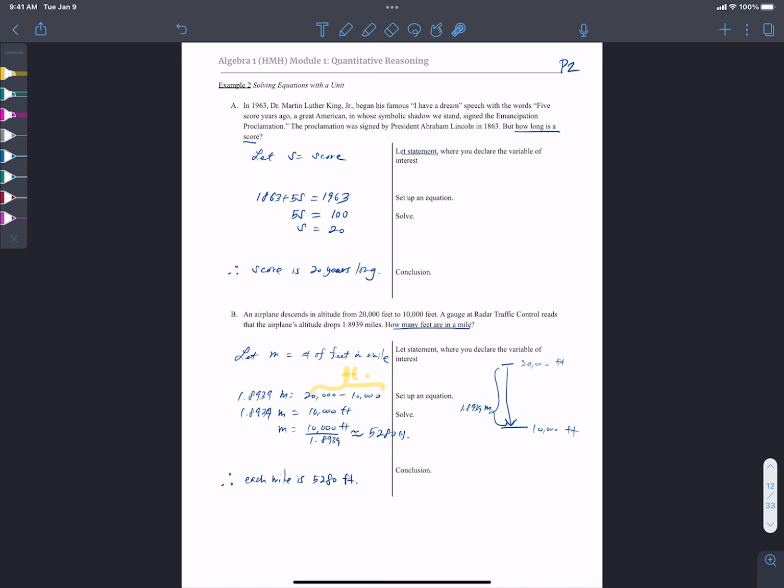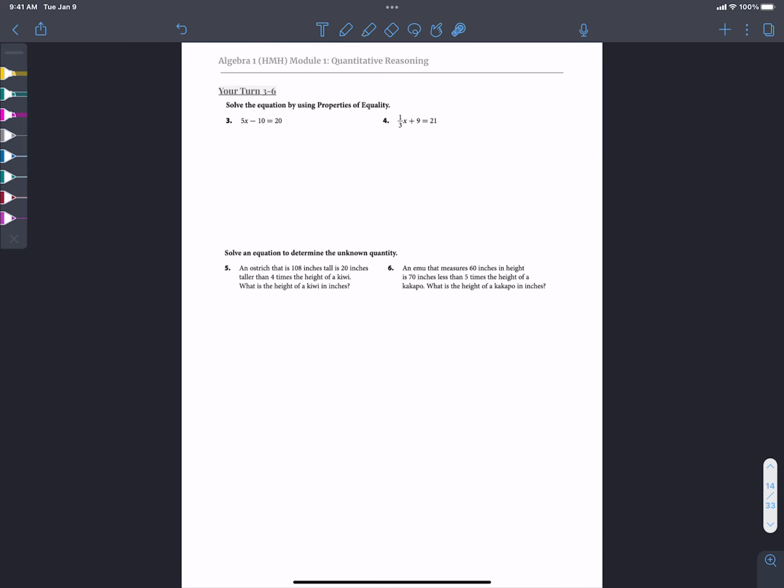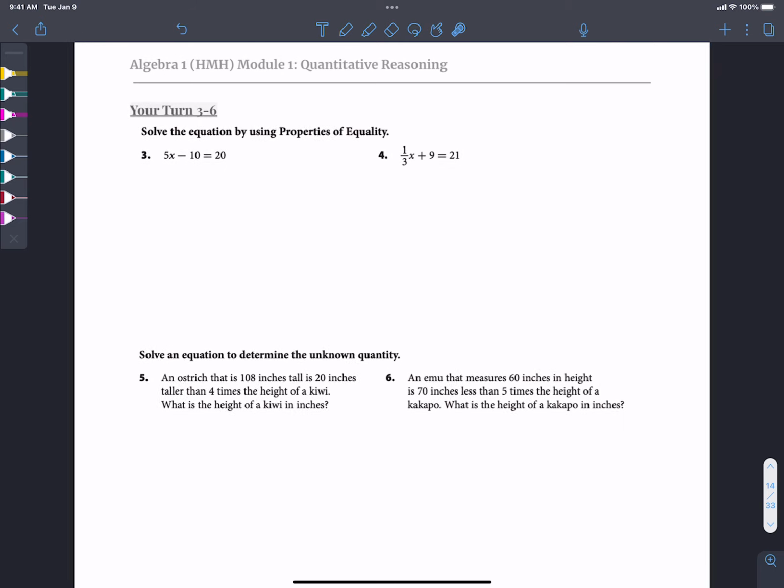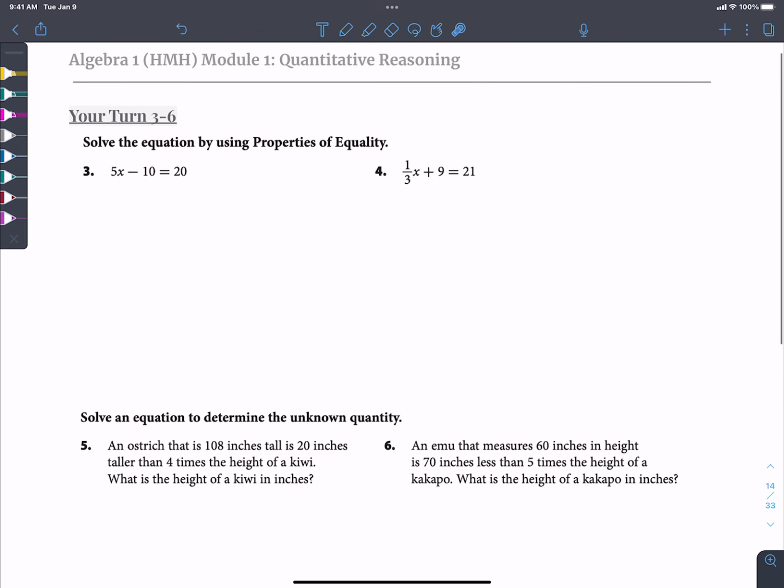So let's move on to the next question for you to practice. So there are, what is it? 4 questions. And in your notes, I probably deleted these 2. And then you might want to copy that's 108 inches.